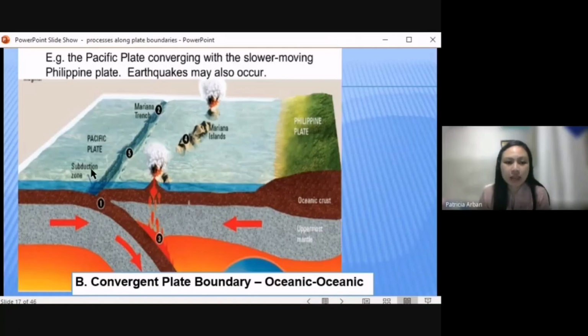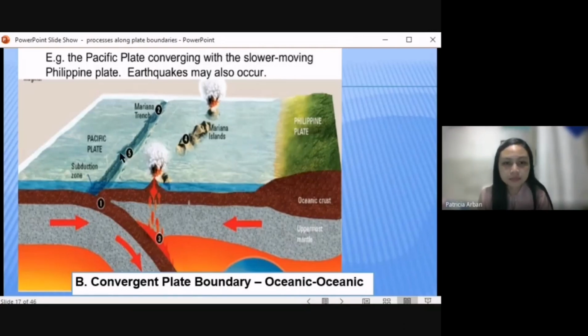Okay, so again, it is almost the same. We have the formation of subduction zone, formation of trench, ayan. And yung naiiba lang ng konti ang tawag is volcanic island arc or island arc. So we have here, ang example natin is Pacific Plate and the Philippine Plate.